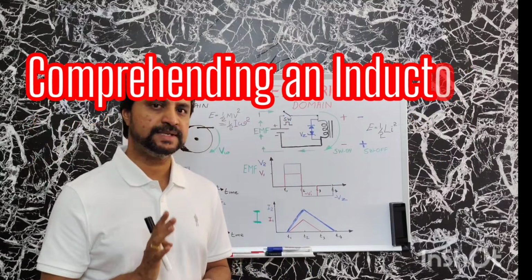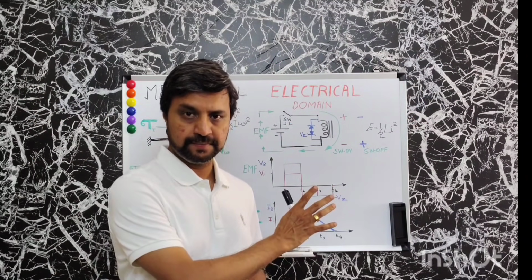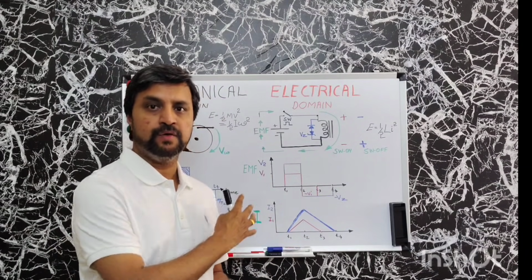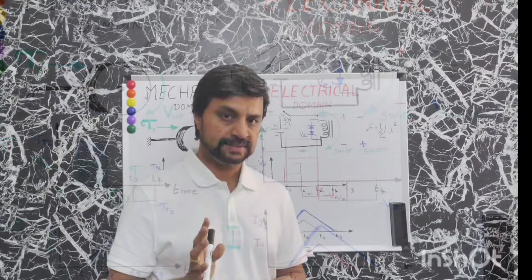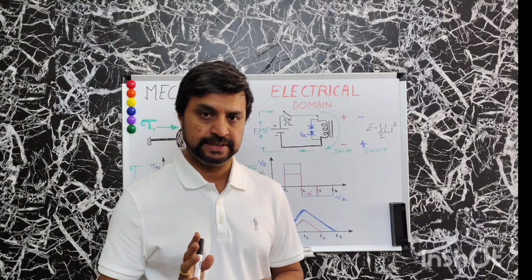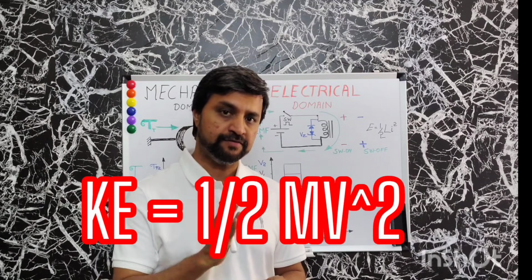In order to understand the functionality of an inductor from an electrical domain, I'm going to give you an analogy of a mechanical device, which is an inertia wheel. In the mechanical domain, you know that a moving mass can store energy in the form of kinetic energy, and the energy is given by the equation half mv square.